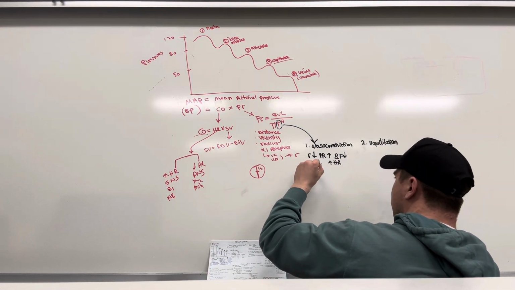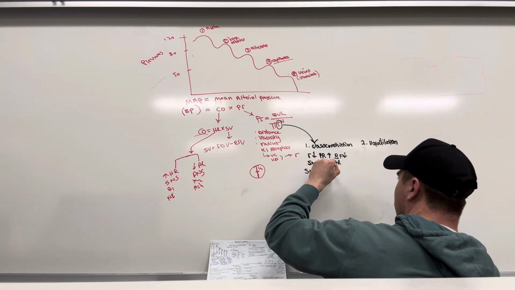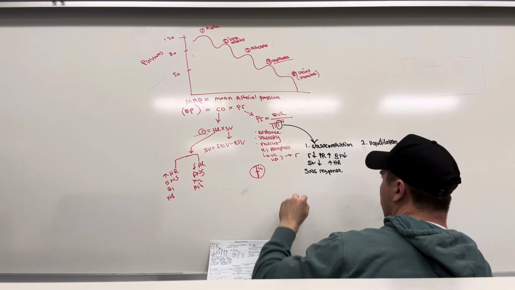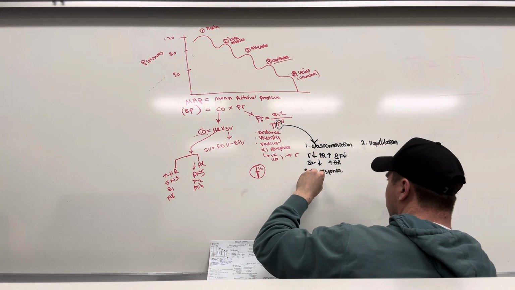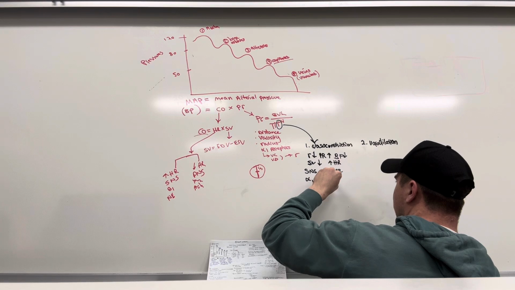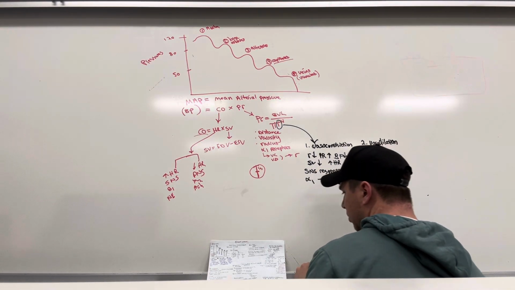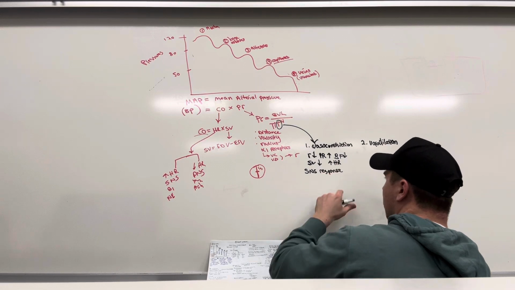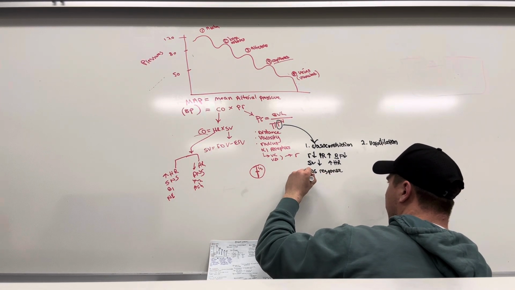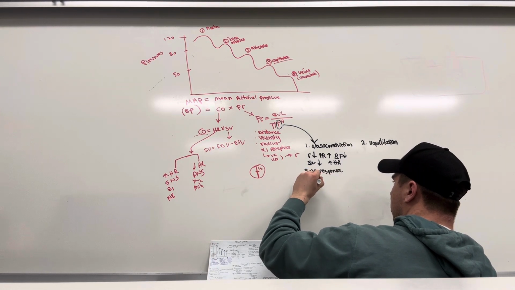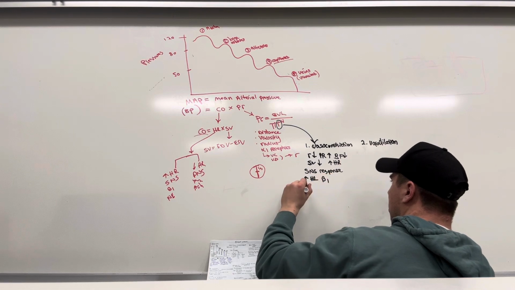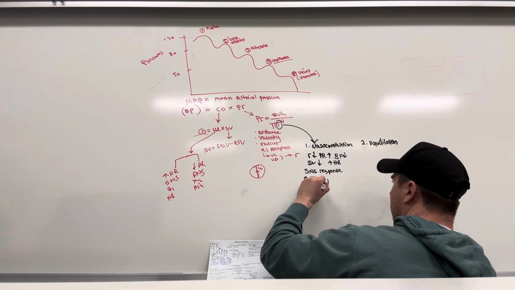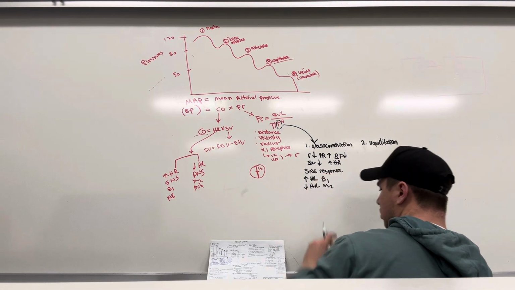So this is the SNS response, as I pointed out over there. So we have alpha-1, which will do vasoconstriction. I don't think I'm doing that one. I'm doing more of the changing of the heart rate. So increased heart rate will be beta 1, and decreased heart rate will be M2.